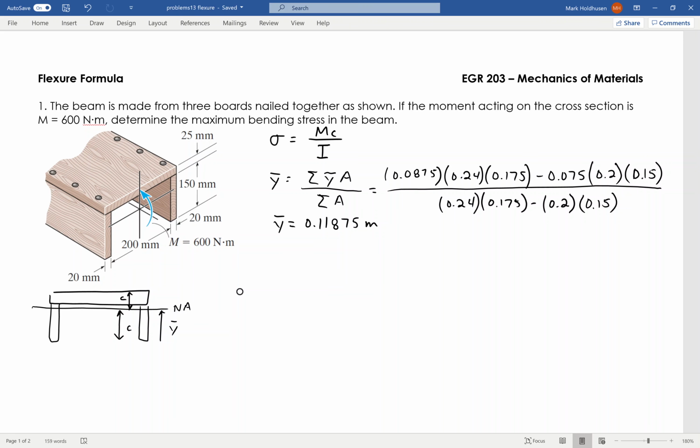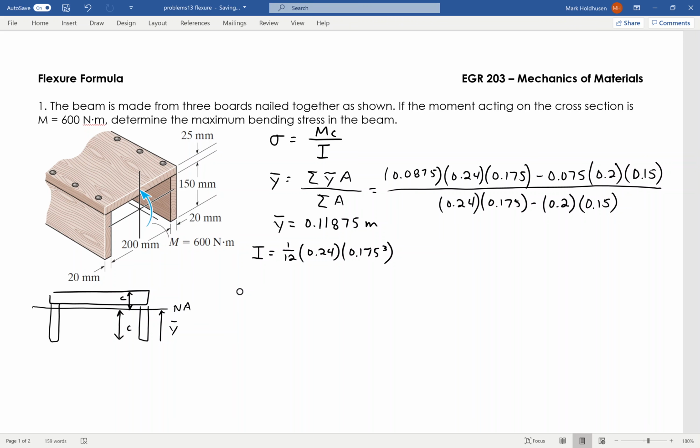The other thing I need to find is the area moment of inertia, which of course we remember from statics as well, using the parallel axis theorem. Again, I'm going to use the bigger one and the smaller one. So the bigger one is going to be 1/12 times 0.24 times 0.175 cubed. That's the area moment of inertia of a rectangle, 1/12 b h cubed.